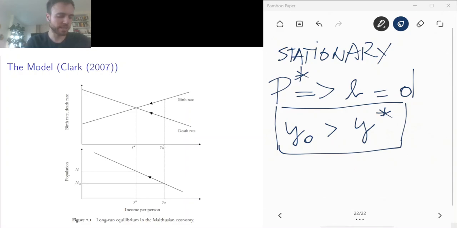Say someone invented a new type of seed, which is slightly more productive and generates more food. Then there is an increase in birth rates, decrease in death rates, but that puts pressure in the system, and then in the long run, the system tends to go back to the subsistence income and stationary population levels.